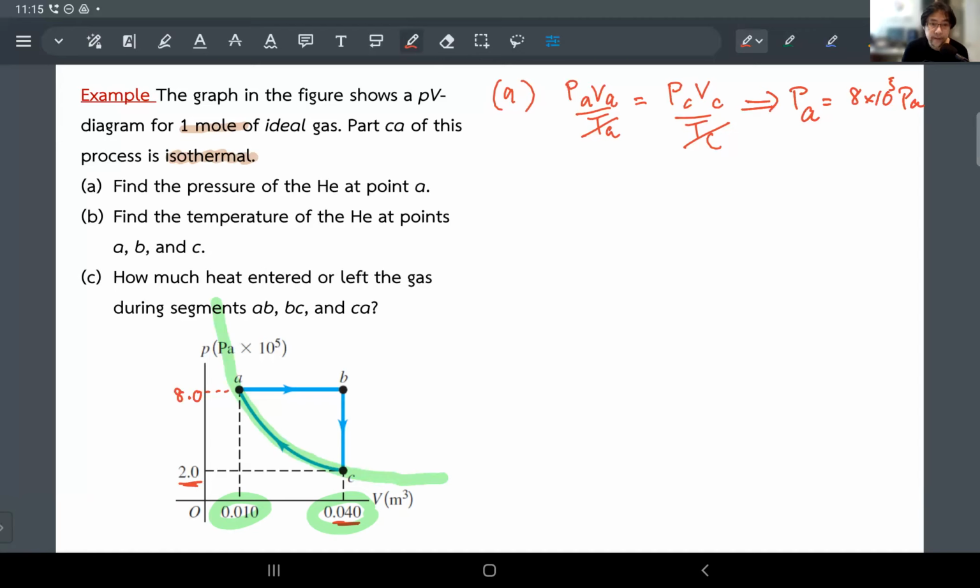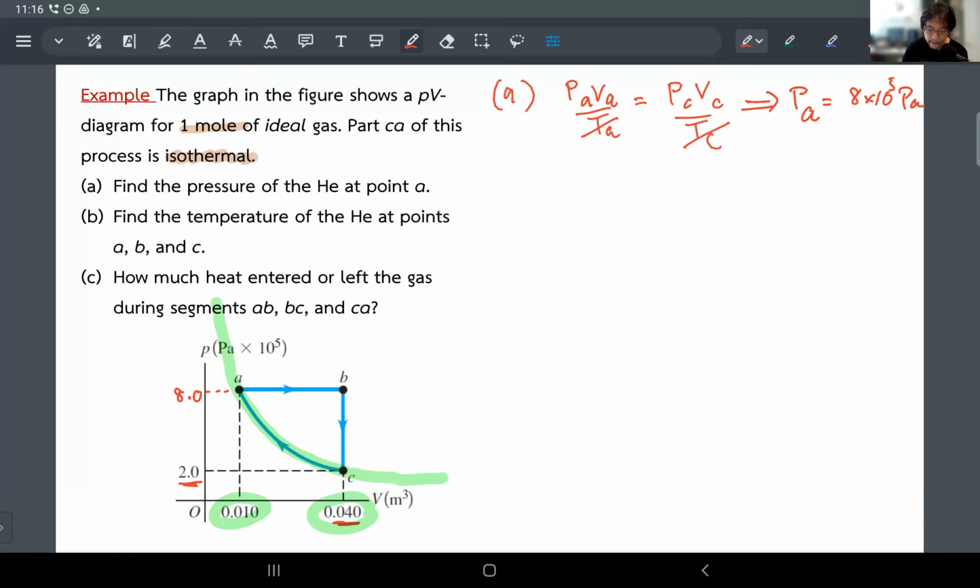Okay. Next, part B. Find the temperature of all points, A, B, and C. How are you going to do that? Once again, it's still asking about the state of the gas at this point. So you probably will be able to get away with just the equation of state somehow.